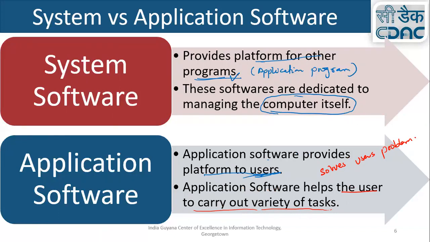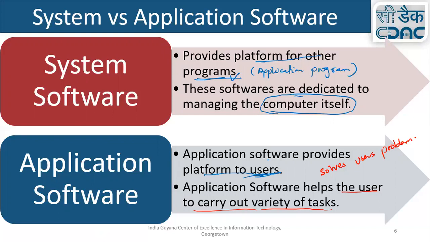So if you have to categorize whether a particular software is application software or system software, just ask this question: which type of problem is solved by this software? Like a PowerPoint presentation. Is this PowerPoint presentation my problem, your problem, or the computer's problem? It's our problem. So PowerPoint is application software.